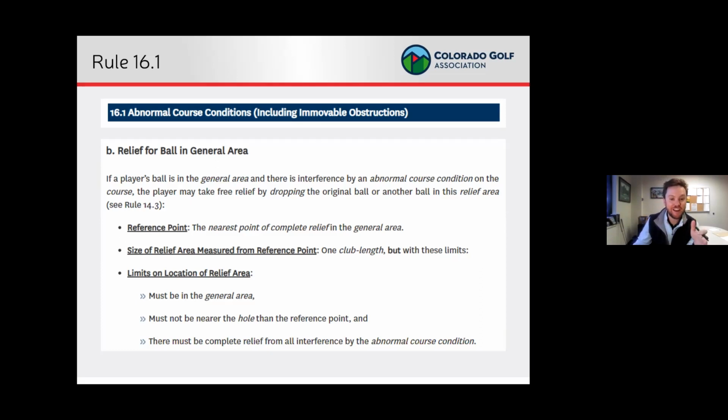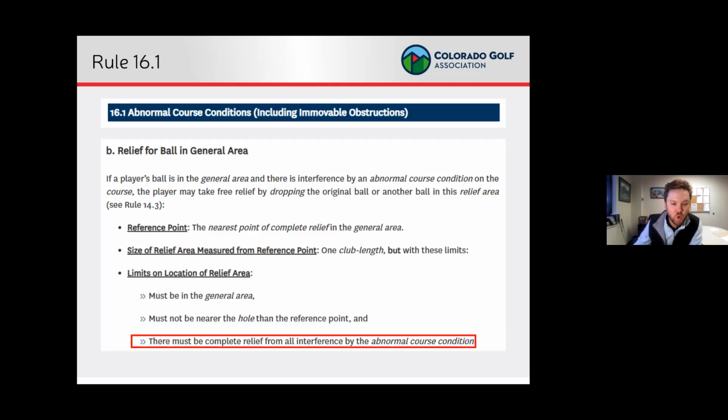And the relief area mirrors that. When you drop the ball in the relief area, there also must be complete relief from interference from the abnormal course condition, which is what we see here, right? So it mirrors that. In picking out your reference point and your relief area, in any case, there must be complete relief from the obstruction in question.